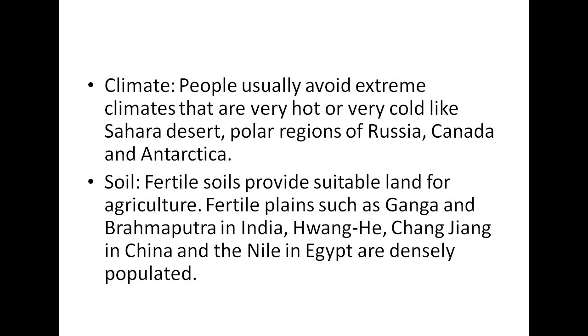Now soil. How soil plays an important factor in distribution of population. Fertile soil provides suitable land for agriculture. I just told you that employment generation is really important in every part of the world. So soil fertility provides suitable land for agricultural activities, and fertile plains such as Ganga and Brahmaputra in India are mostly famous.